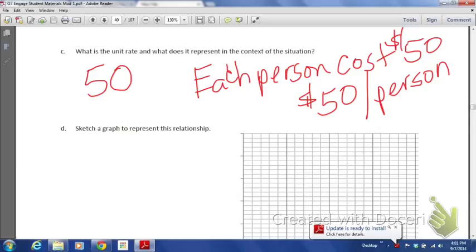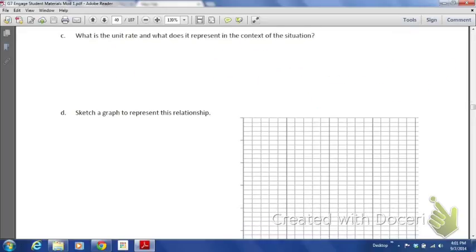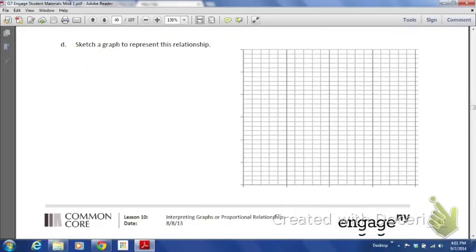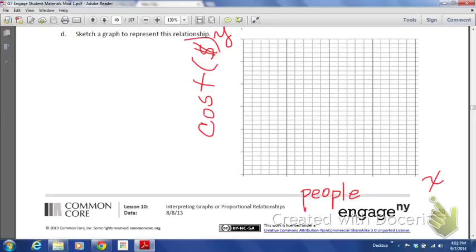All right. Sketch a graph. If you used this example, it would have been quite easy. When it comes time to sketching a graph, that can be a very particular thing to do, and it is sometimes difficult to make it look reasonable, because now we're looking at values such as one person is $50.